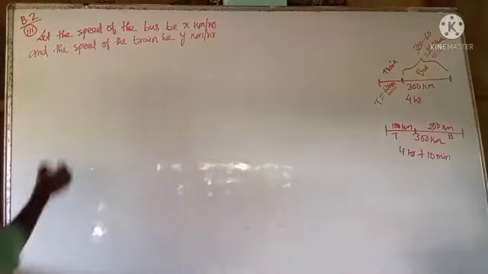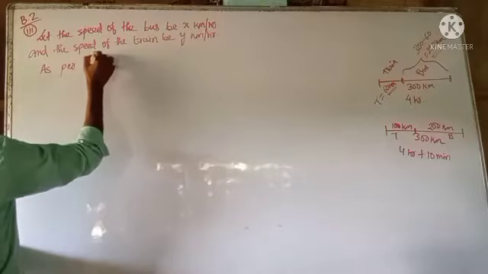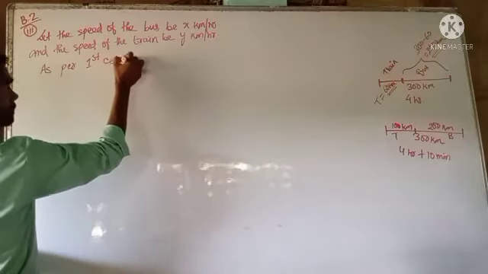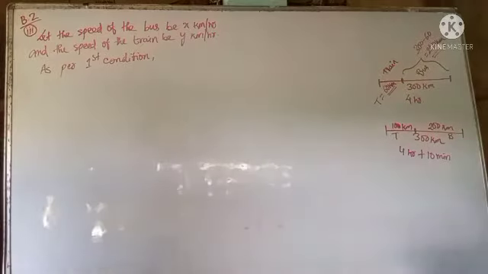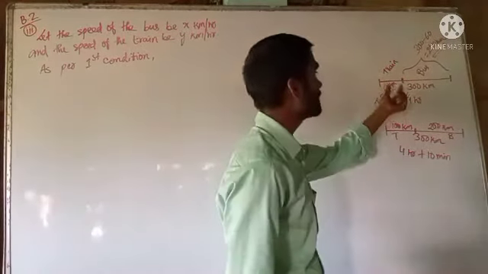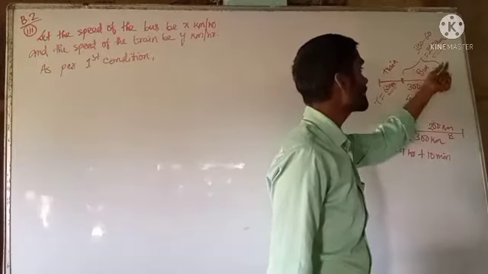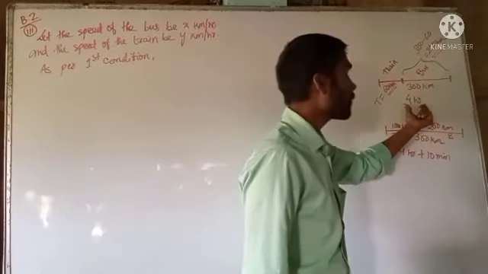Now we'll form our first equation. For the first condition, here it is said she travels 60 km by train and the remaining by bus, that is 240 km by bus, and it takes her 4 hours.